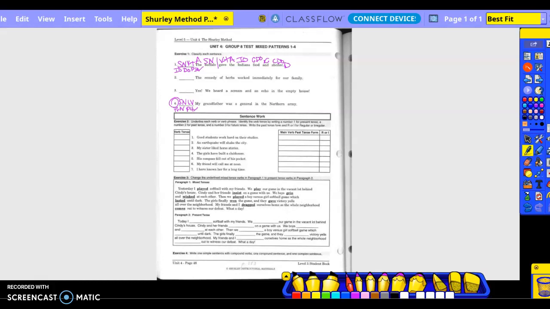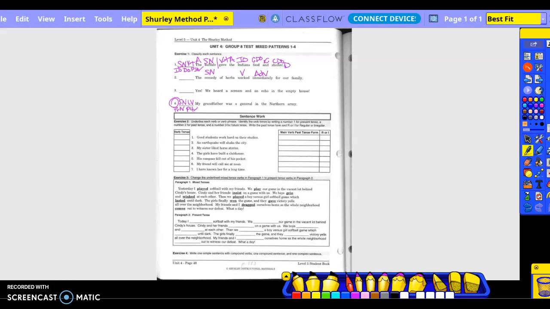What worked immediately for our family? Remedy, right? Subject, noun. What is being said about the remedy? Worked. Okay. Worked how? So what is that? You're answering the how part, so that's not an adjective, but an adverb. Okay.